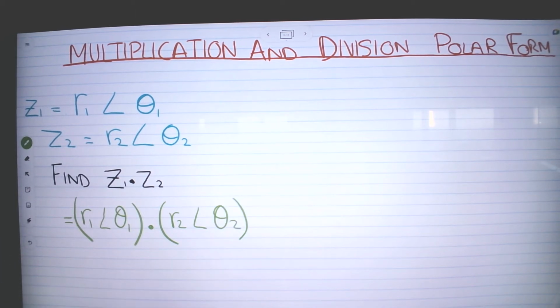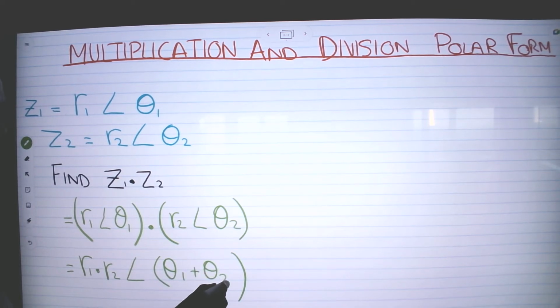The rule states that whenever you multiply, you multiply the r values and add the angles. So the answer is r1 dot r2, angle theta 1 plus theta 2. That's as simple as that.